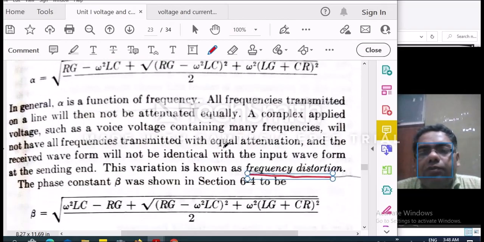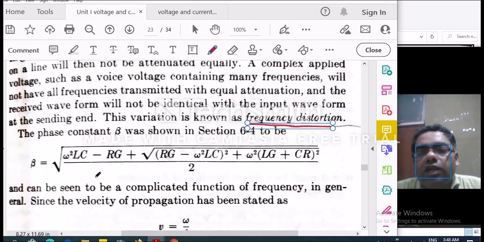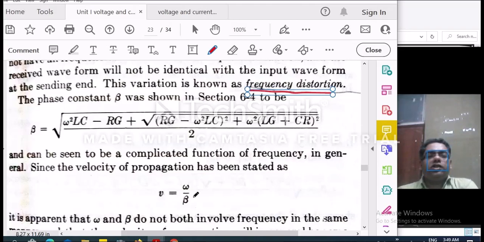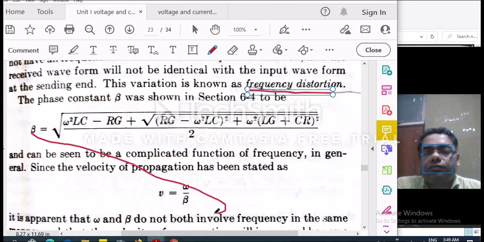Now another type of distortion is there. If you see the expression of beta, it is a very complex equation. Velocity is given by omega by beta, so if you put the beta expression here, you see that velocity becomes a complex function of frequency. That means different frequency components will travel through the transmission line with different velocity.